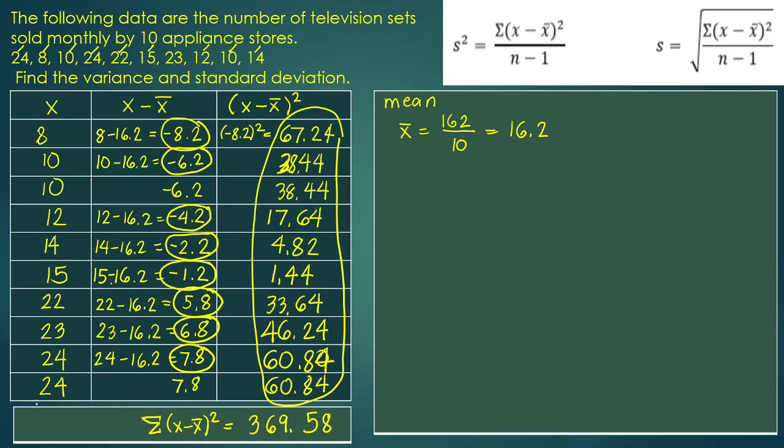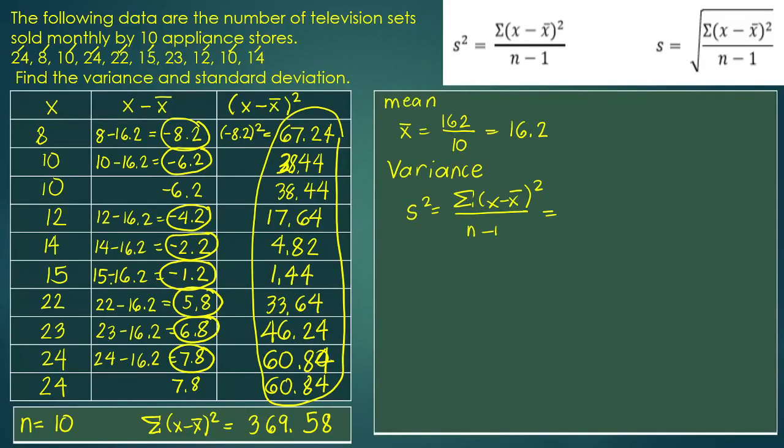What is n? 10. Okay, let's solve the variance now. Let's begin with the variance first. So the variance is, s squared is equal to the sum of x minus the mean squared divided by n minus 1.